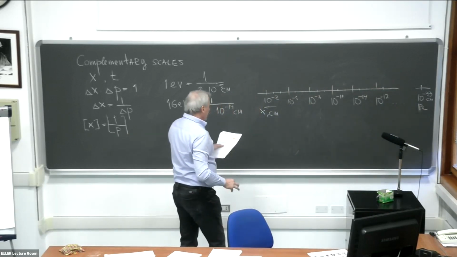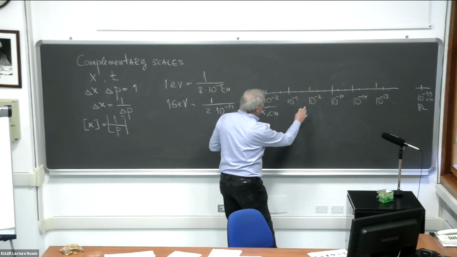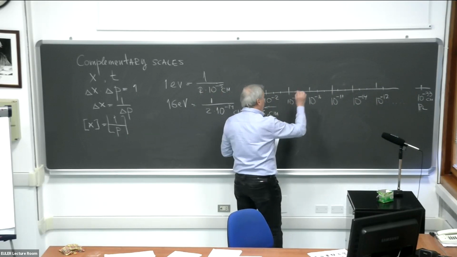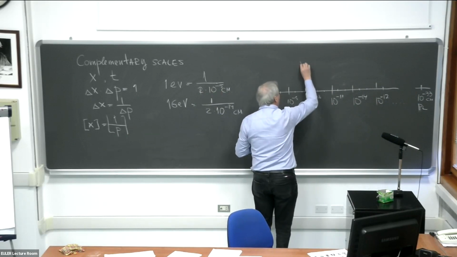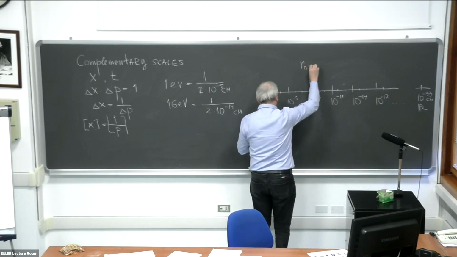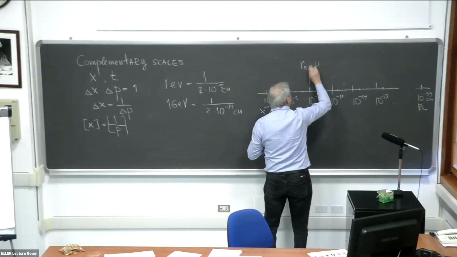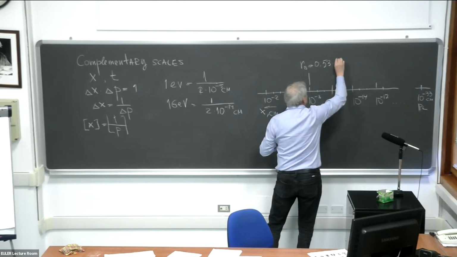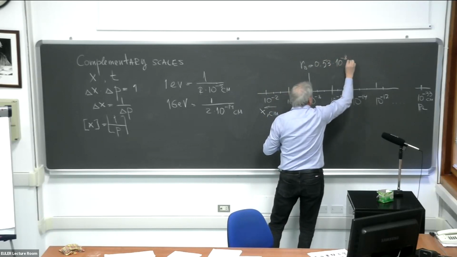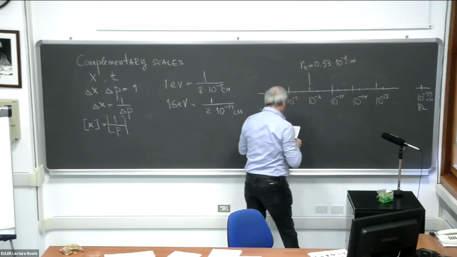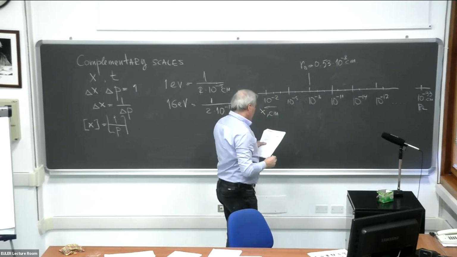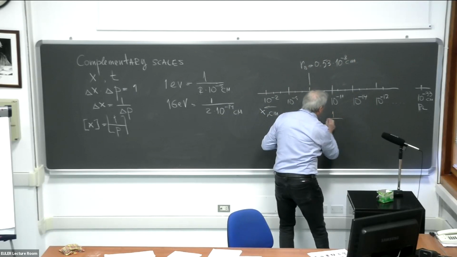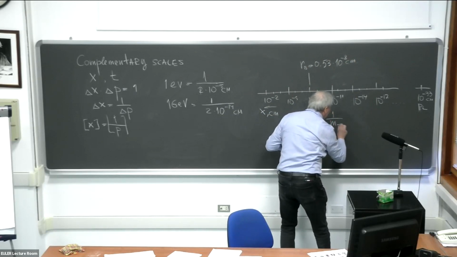Now, atomic phenomena are somewhere here at the level of 10⁻⁸ centimeters. And as you remember, the Bohr radius is 0.53 × 10⁻⁸ centimeters. Another important scale is 1 over the mass of the pion.